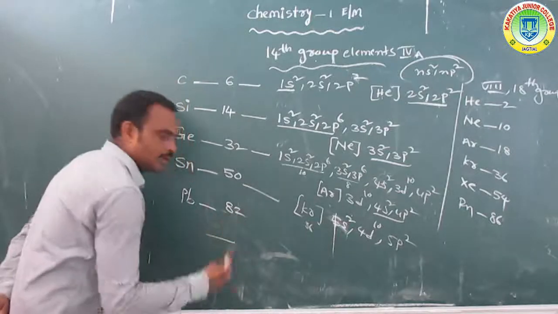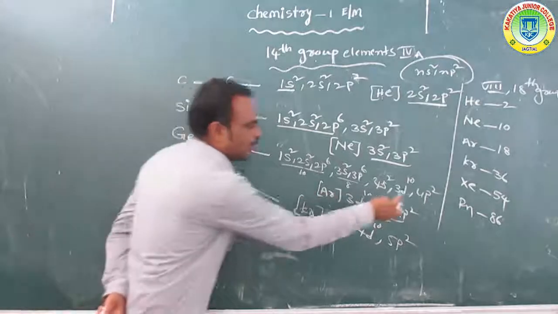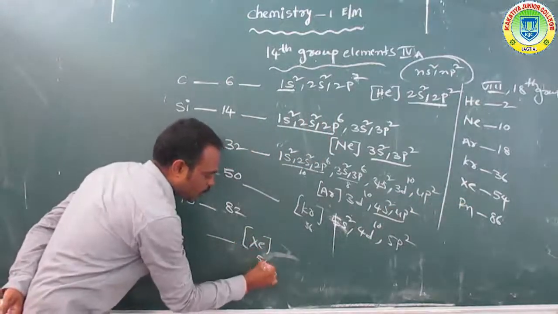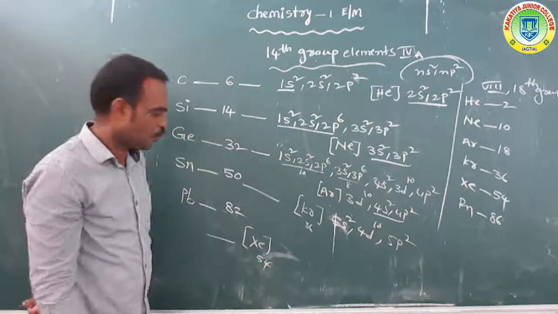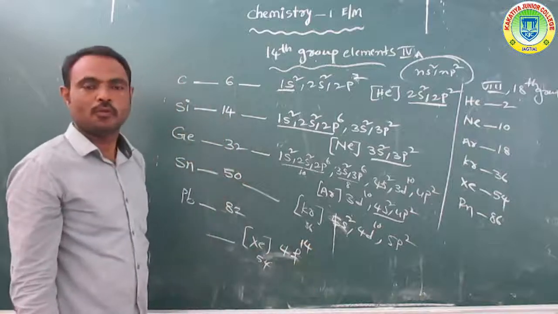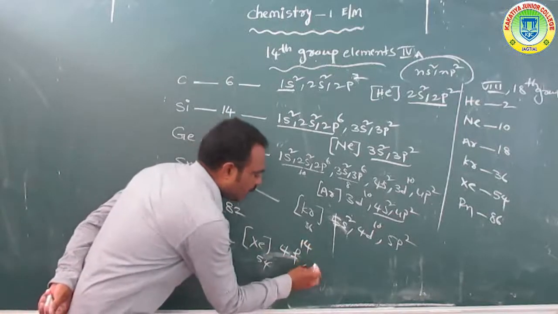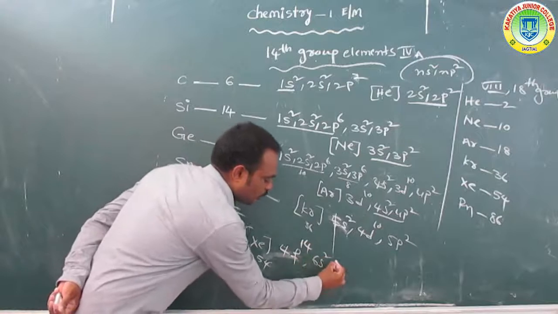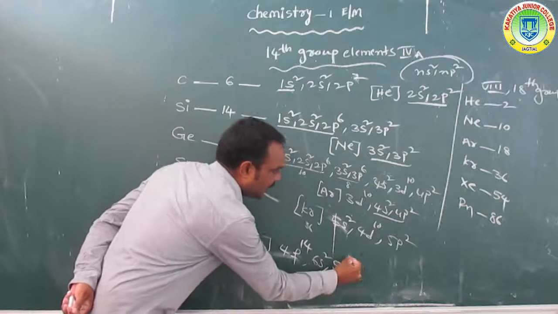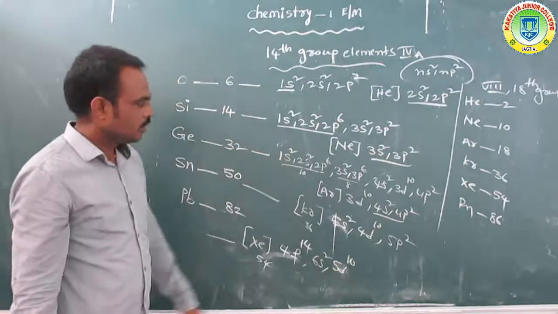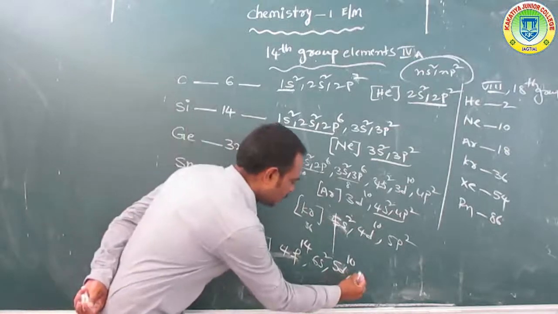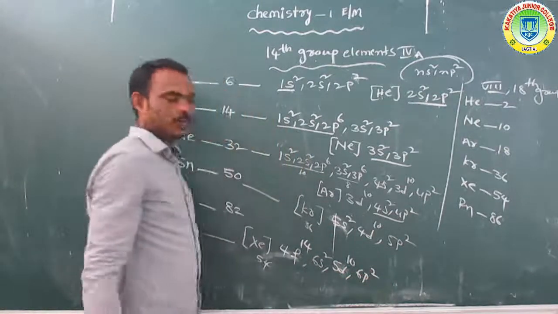The same applies to lead. For lead we write xenon, which is 54. Xenon 54, then 4f14, 6s2, 5d10, next 6p2.